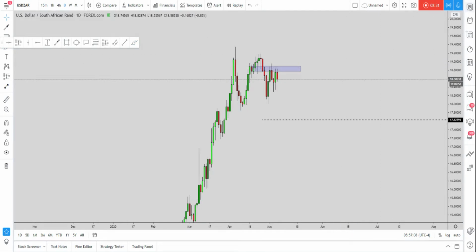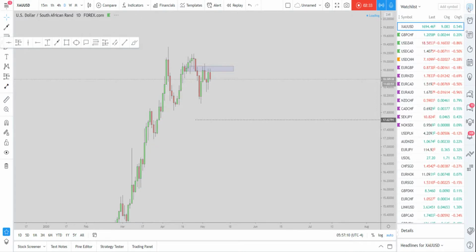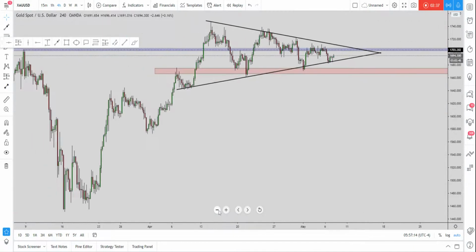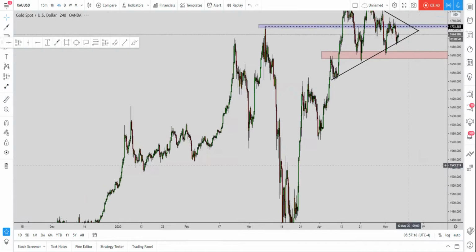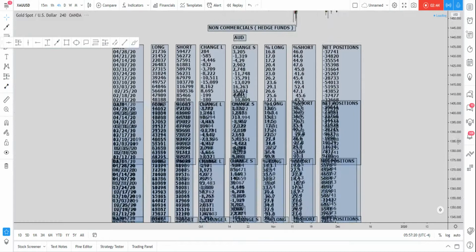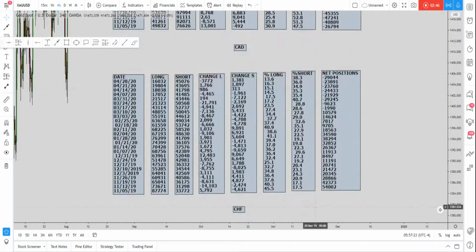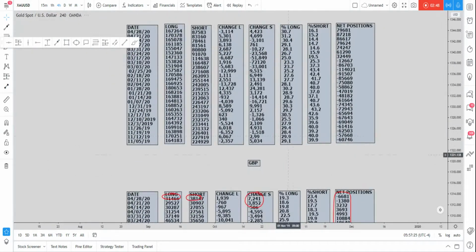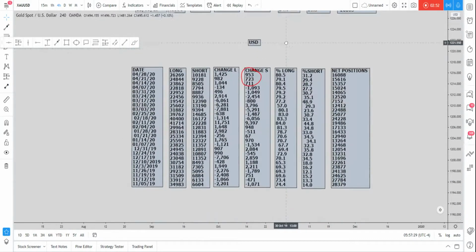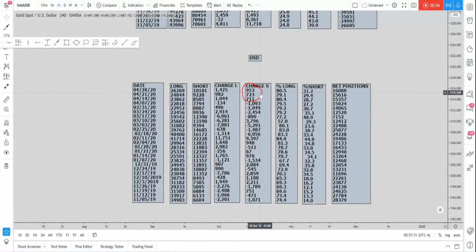Now, if we go and see what the situation is from a COT perspective, so what hedge funds are doing at the moment on the US dollar index, let's see what kind of situation we get. So let's get our COT data, go to our US dollar index data, and what we can see is that with the last report, finally they started to add some proper shorts, and net positions are still increasing.